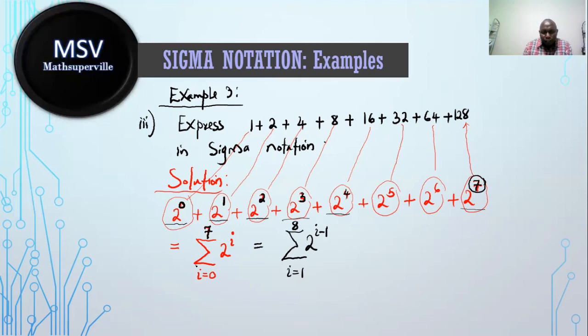I challenge you to look at exactly what I just did. The indices of summation can be modified accordingly depending on what is required of you. If you have to begin with an index of 1, then you have to express your result accordingly.